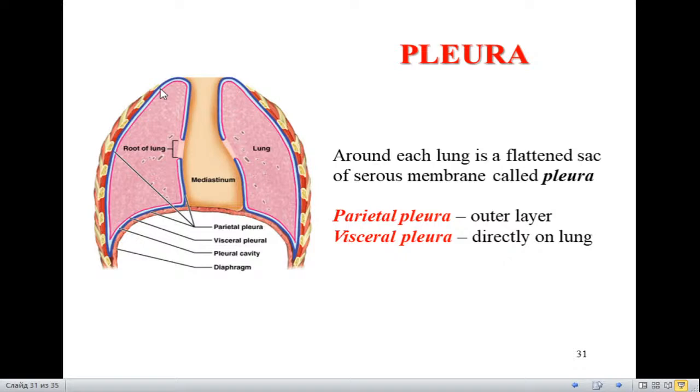The amount of this serous fluid is not so big, and in some pathological diseases, the enlargement of the volume of circulating pleural fluid can cause additional problems during this disease.